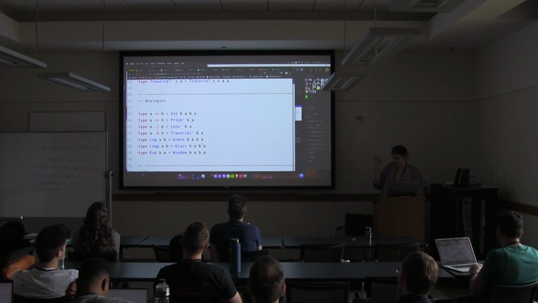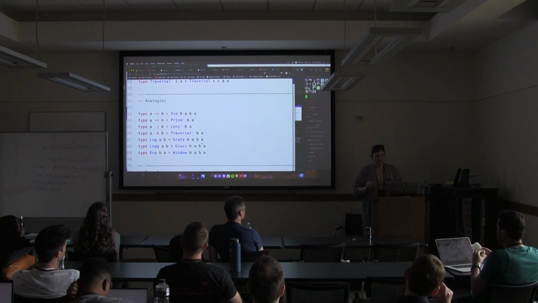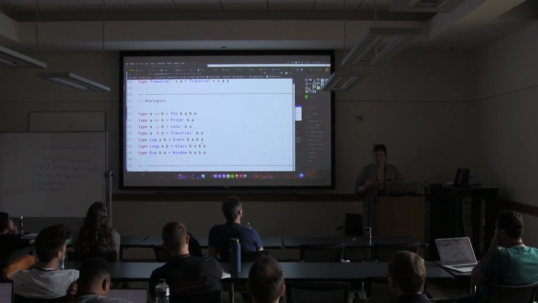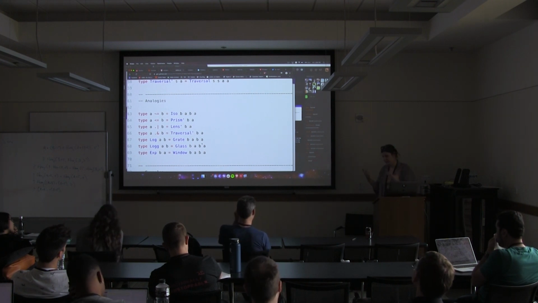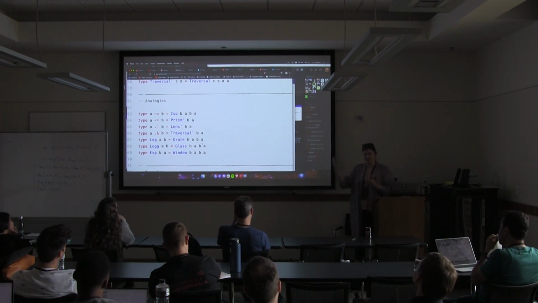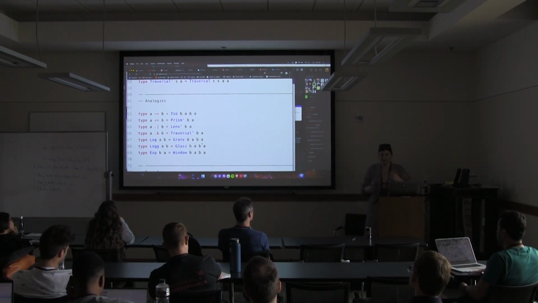Okay, so here's a cool thing about traversals. They correspond with Taylor series of a type. So my traversal, if you think about what an applicative functor does or a traversable functor does, it builds up structure for each A and deposits it in a monoidal functor, which is an applicative.